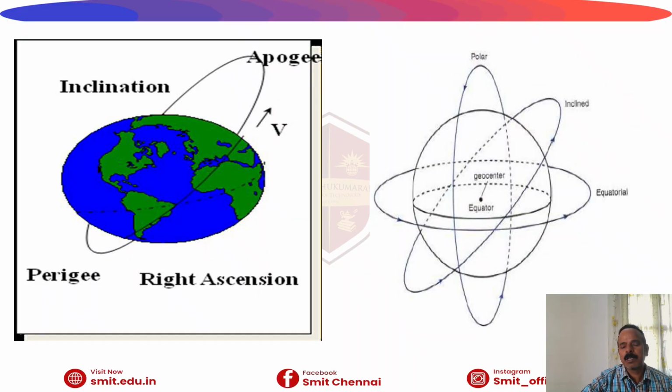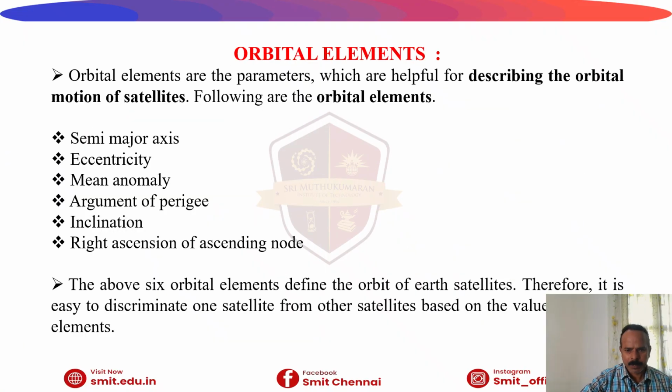The diagram clearly depicts in what way the satellite can rotate, whether revolving around the equatorial plane, in an inclined rotation, or in a polar rotation. Based on these three types of directions, we can have polar satellites, inclined satellites, and equatorial orbit satellites, each with its own communication properties.